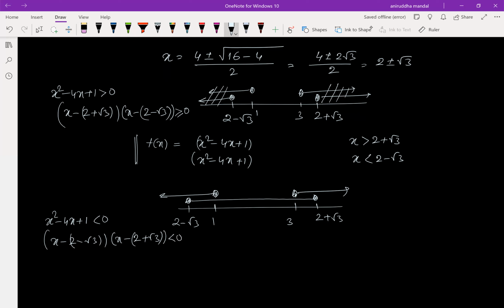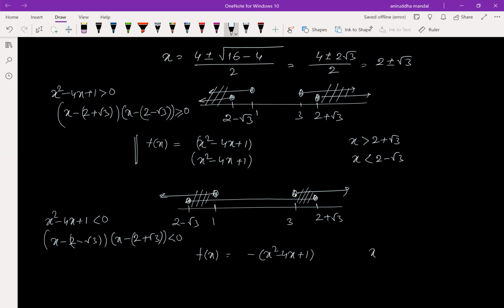So this is the region which lies between 2 plus root 3 and 2 minus root 3, which means this is the intersecting part. So our second part is this negative portion when it lies within this region.